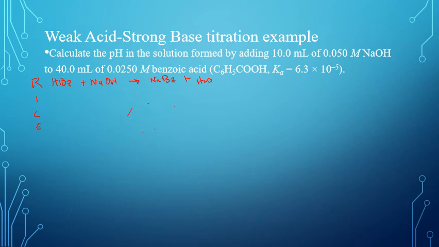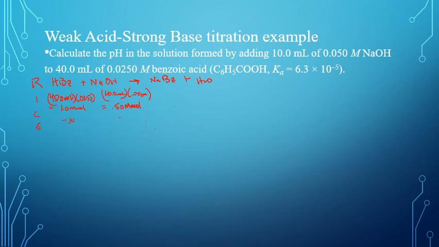In this particular instance, I have 40 milliliters of the 0.025 molar, so that's going to give me a total of 1 millimole. And then for the NaOH, we have 10 milliliters and 0.050 molar, and so that will give me 0.50 millimoles of the NaOH.